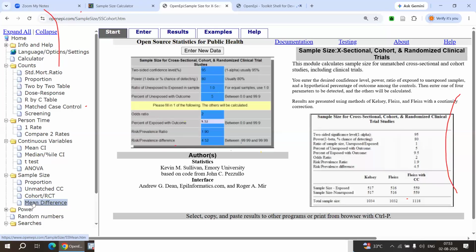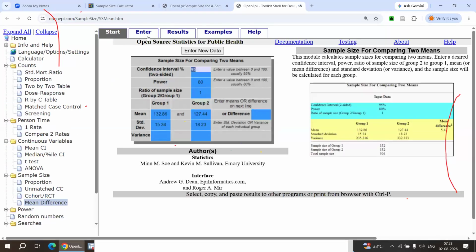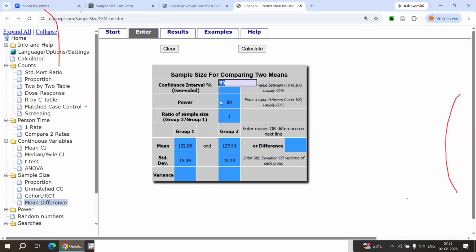Click this mean difference on the right side. Then click enter new data. Here they have used power 90%. Mean group 1, so where is mean group 1?